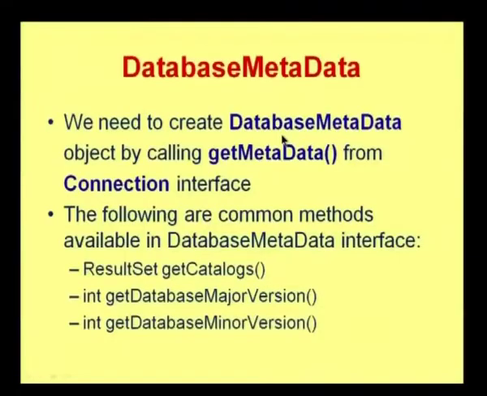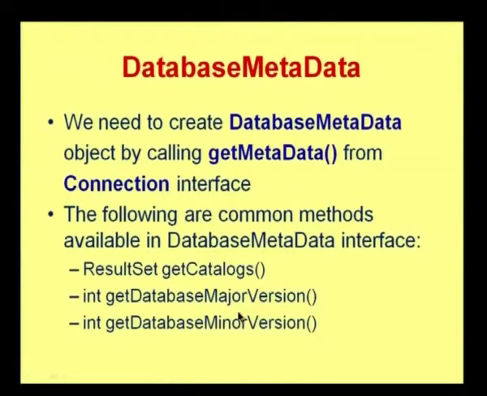I can have information regarding all these objects that are available in the database using this DatabaseMetaData. We need to create a DatabaseMetaData object by calling the getMetaData method from the Connection interface. The following are common methods available in the DatabaseMetaData interface. Here we have getCatalogs, which will give you a result set of all the catalogs. A catalog doesn't hold one particular object, it's a combination of objects.